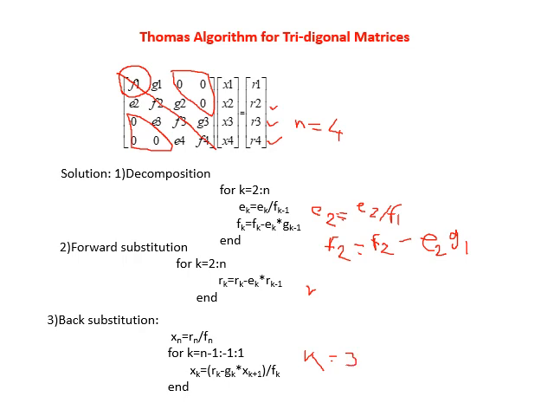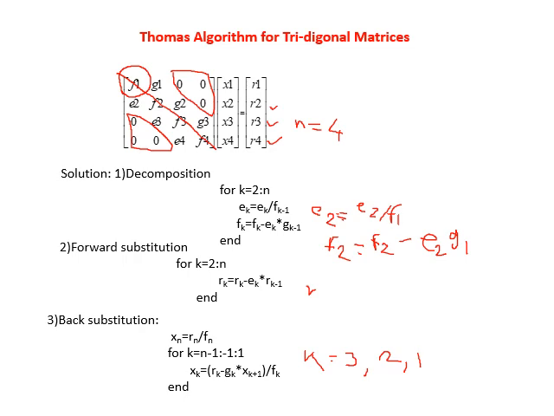Let us say k is equal to 3, then x3 is equal to r3 minus g3 into x4, divided by f3. That will give you x3.